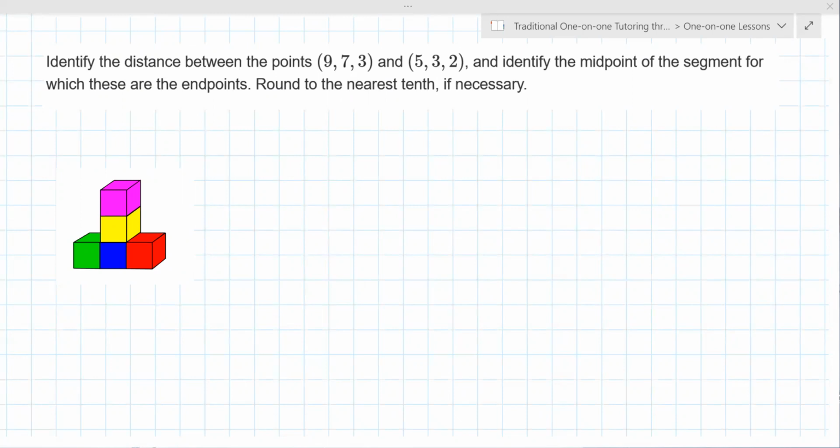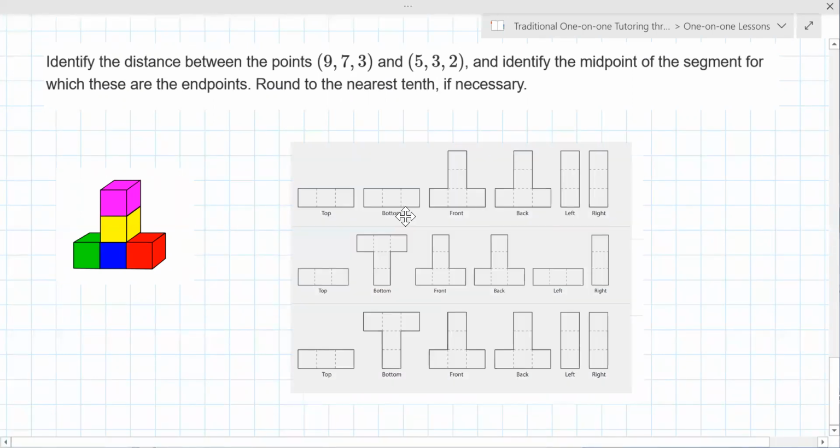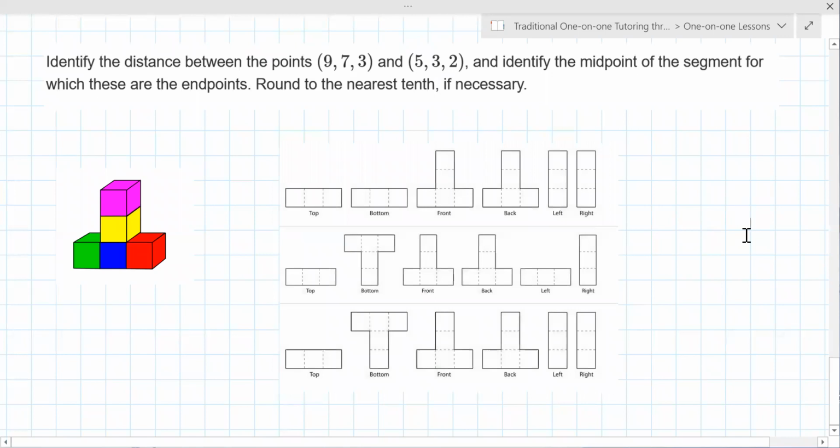Let me just grab the ones. Is it from top, bottom, or side? Yeah, so take a look. Do any of these match?